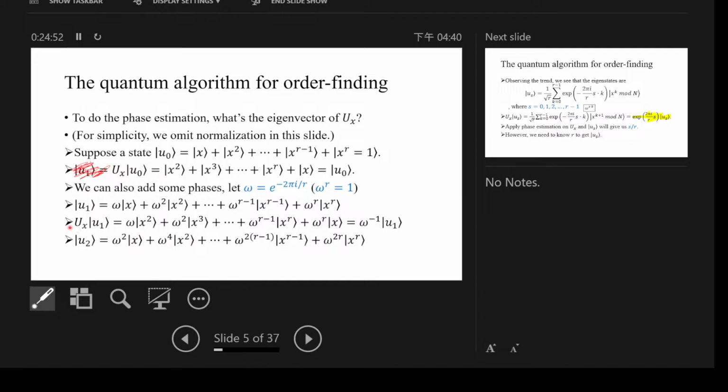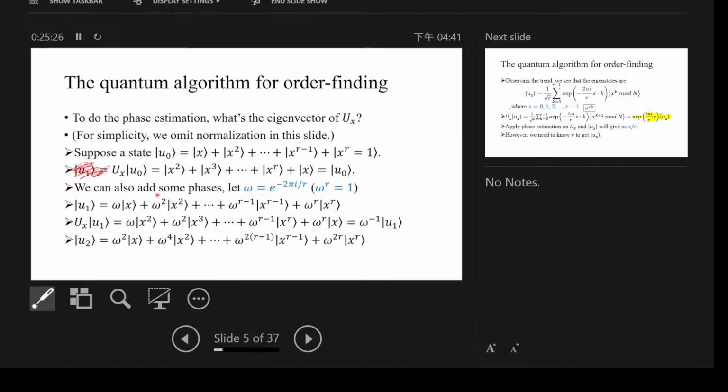Then apply UX on this, and you will cyclically shift all those x. Basically what we get is a different power of omega in front of our x. At the end you just get this omega to the minus 1 phase in front of our U1, because we have shifted all those x. So we have x to the 1, 2, 3 up to r, now it's 2, 3 up to 0.